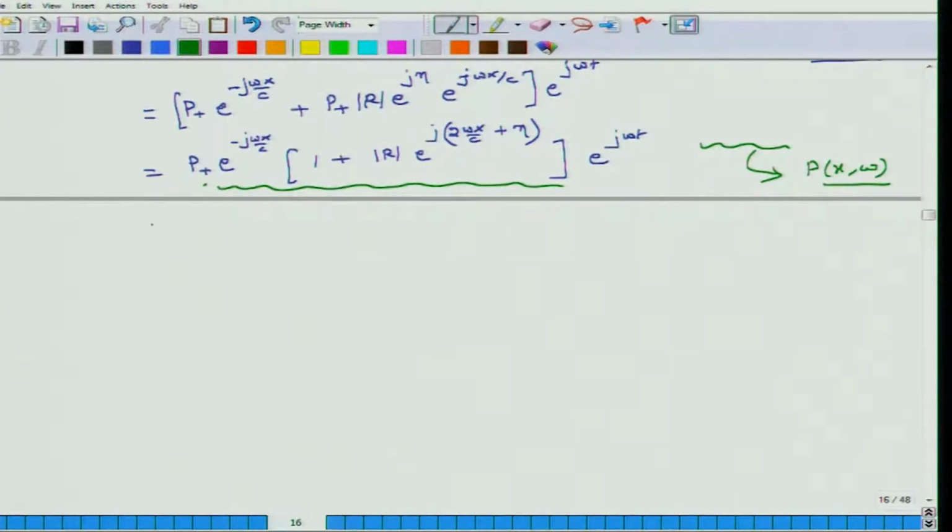So I can rewrite the above expression as P of x and omega, the complex amplitude, divided by P plus, equals this long, complicated expression.